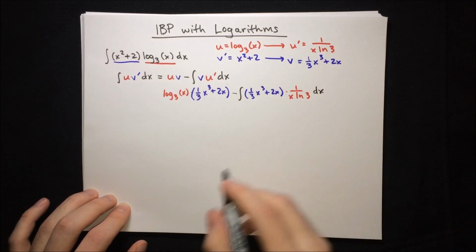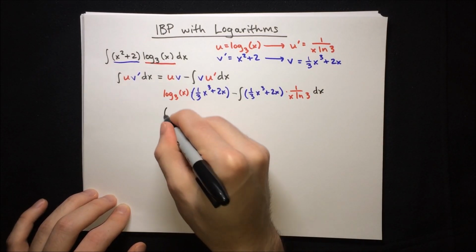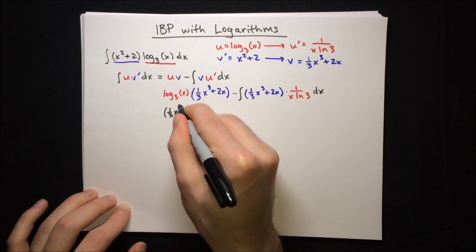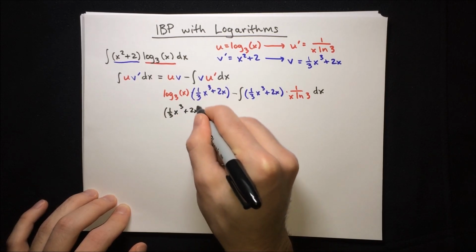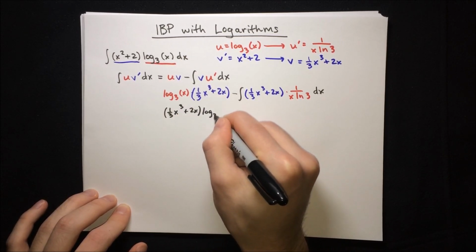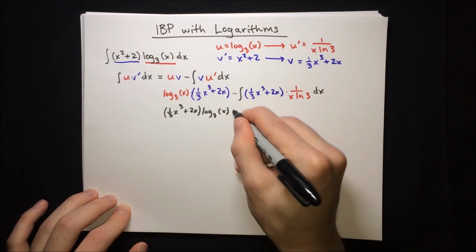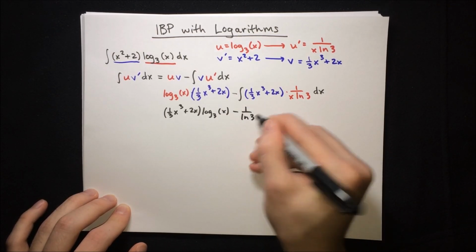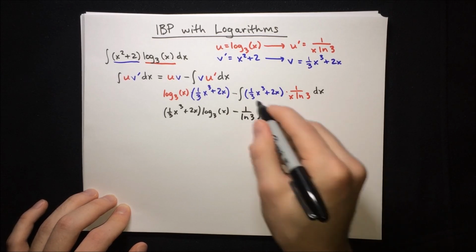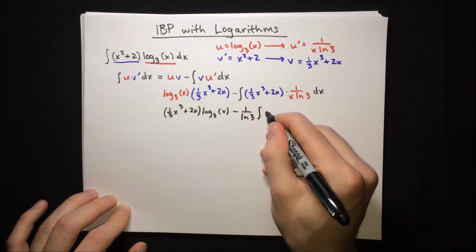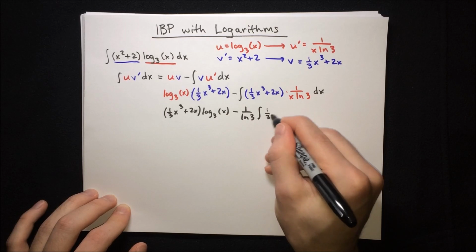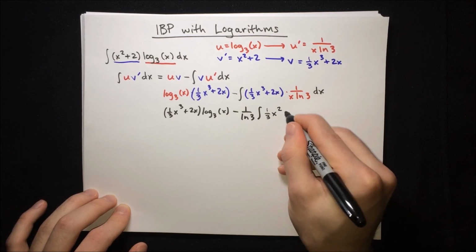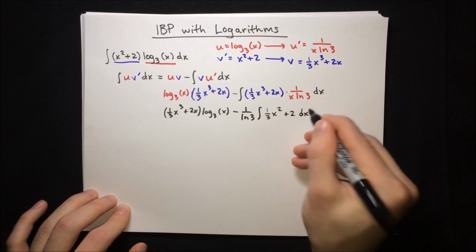All right, so now let's simplify this a bit. So this is just 1/3 x cubed plus 2x times log 3 of x minus, let's bring out that 1 over ln 3 times the integral. Everything gets decreased by a power because of the x, so 1/3 x squared plus 2 dx.